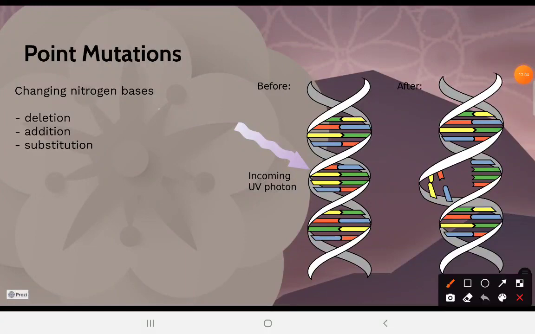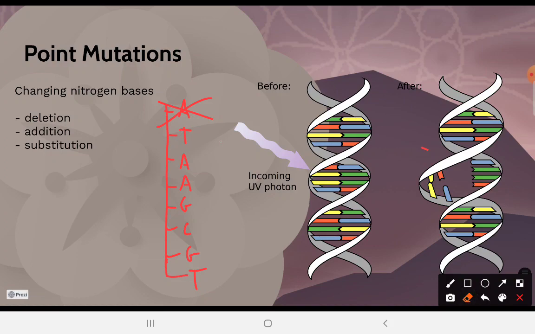And so what do I mean by these letters? Well, if we look at a sequence of DNA, it has random sequences of A's, T's, C's, and G's. So in a point mutation, you are changing these individual letters. You could delete a letter. You could add a letter. You could substitute a letter.